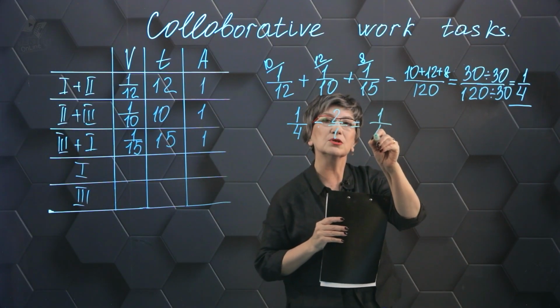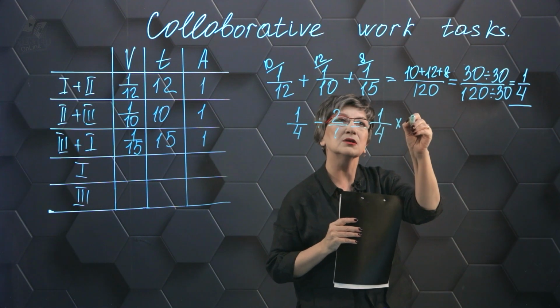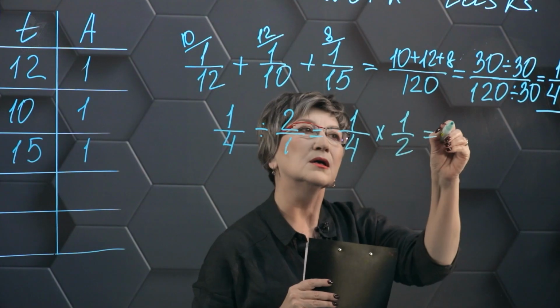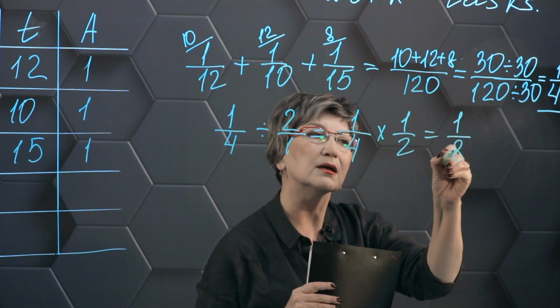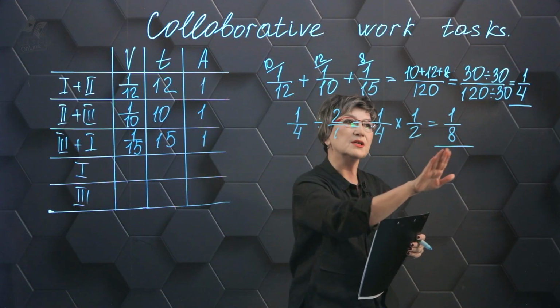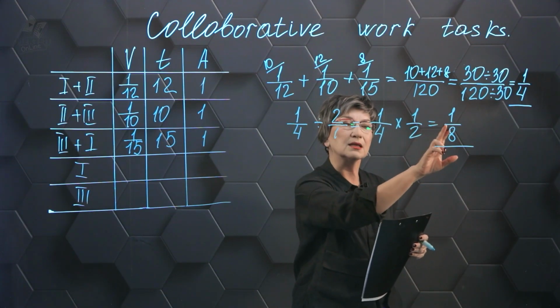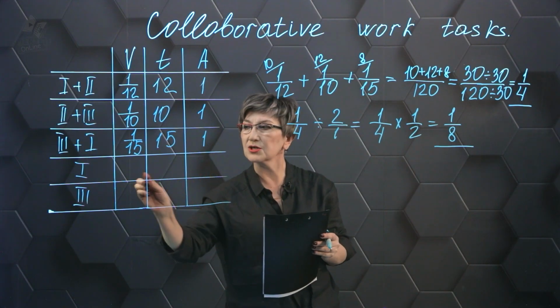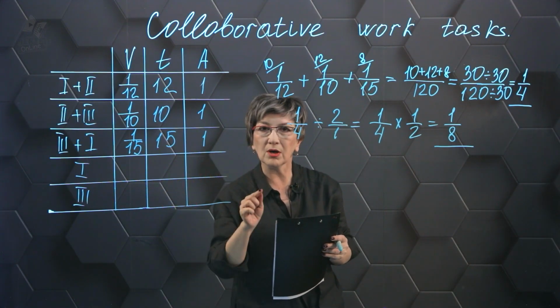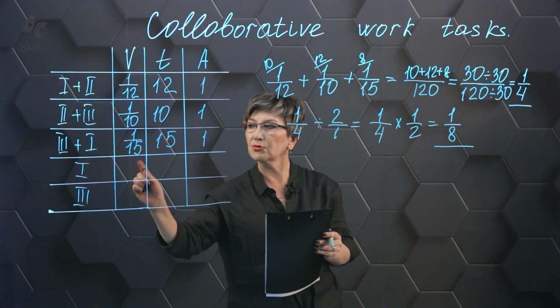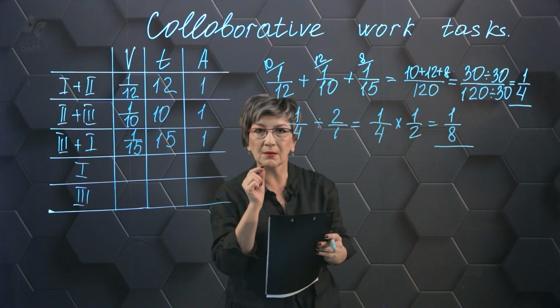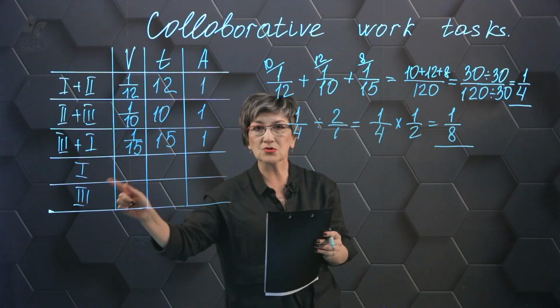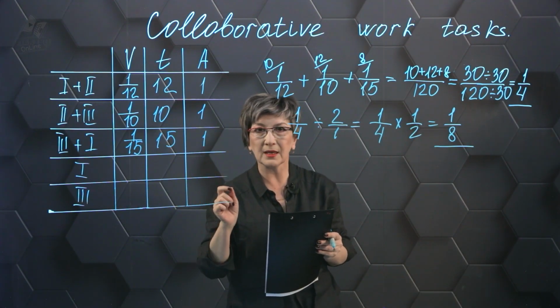I multiply 1/4 by 1/2 and it equals 1/8. The productivity of the 3 companies together is 1/8, but the question in our problem was, how long will it take the first company to build this house? And how long would it take the third company to build it?